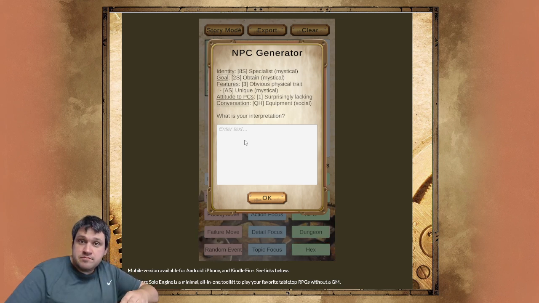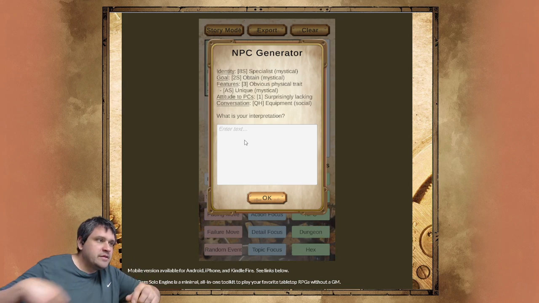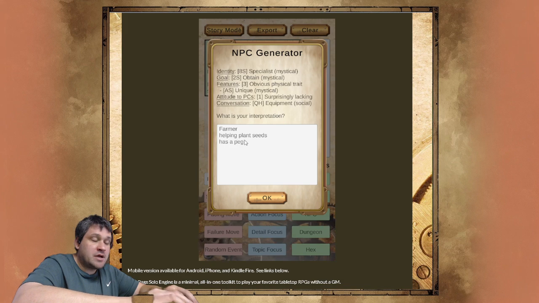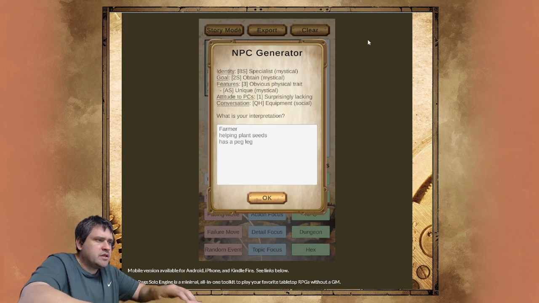Has a bum leg. So maybe like a pirate has a wooden leg. So that's why we're helping him. Let's write this out. So farmer, helping plant seeds, has a wooden leg, a peg leg, if I'm not mistaken. A peg leg.